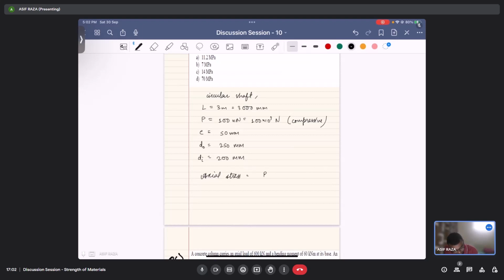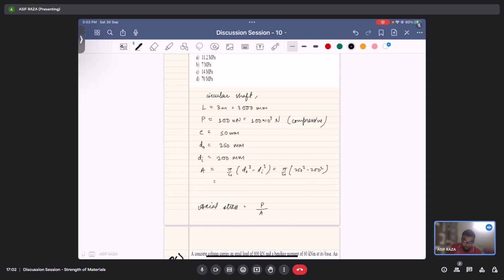That would be P upon A. Before this I'll just find all the required values. A is equal to pi by 4 D naught square minus d i square, that is pi by 4 into 250 square minus 200 square.